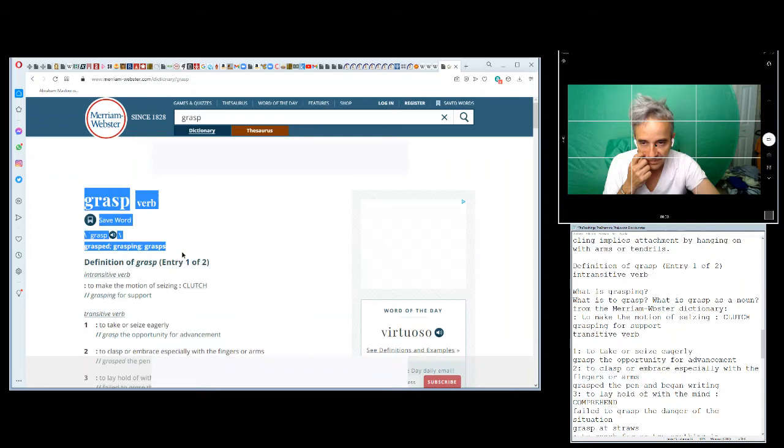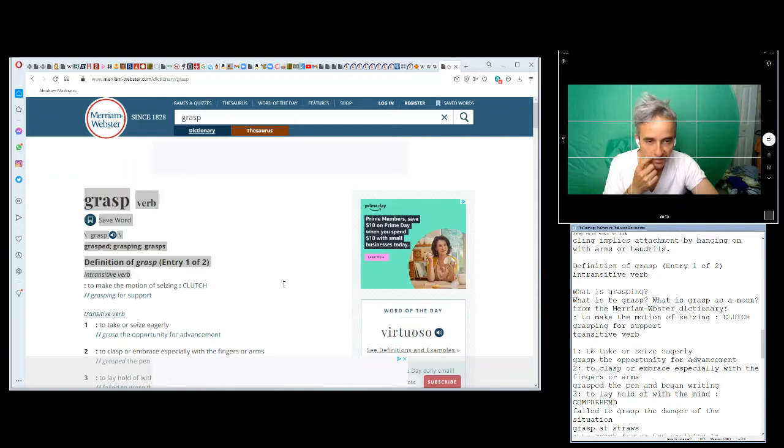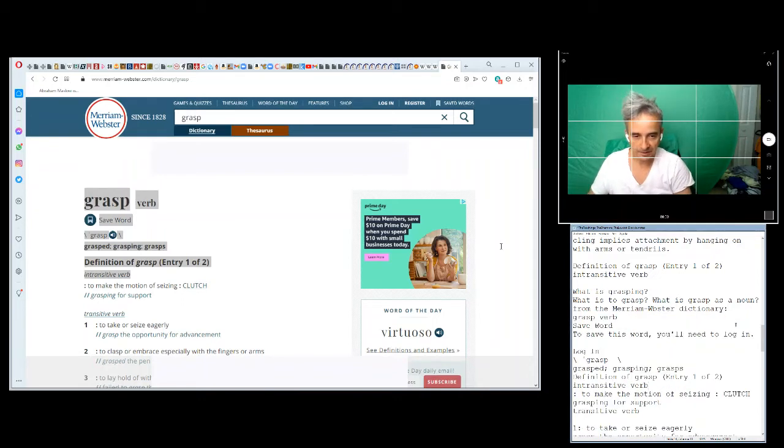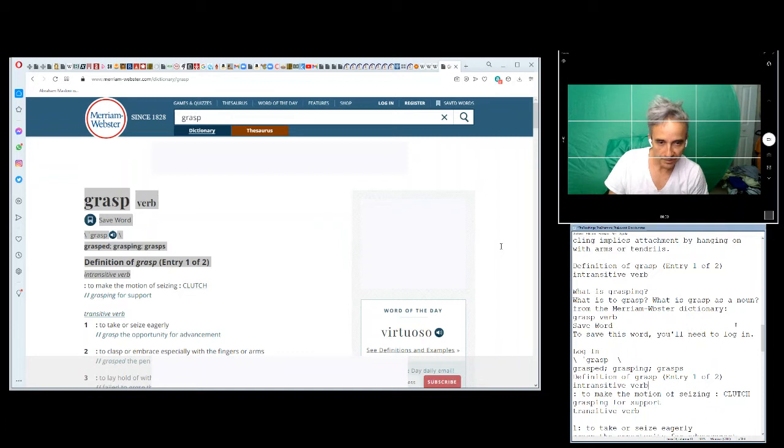Okay, so what is grasping? And what is to grasp? That's the verb. What is grasp as a noun? So, from Webster Dictionary, grasp as a verb, so you can have grasped, or grasping, or grasps. So it's an intransitive verb, to make a motion of seizing, clutch, grasping for support.